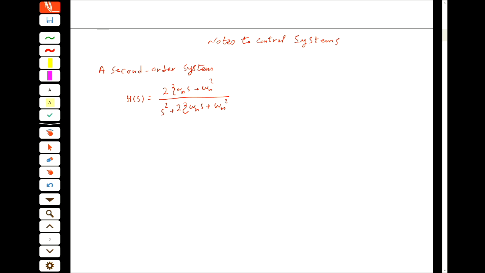In this system, omega n is the natural frequency. If the system is oscillating, then sometimes we call it the resonant frequency. And zeta is the damping factor.